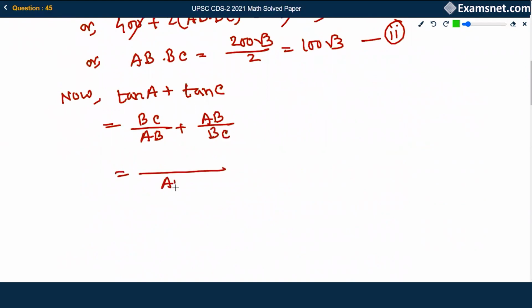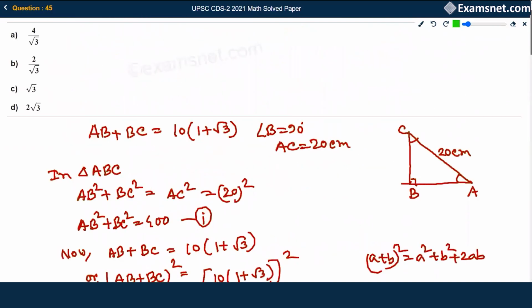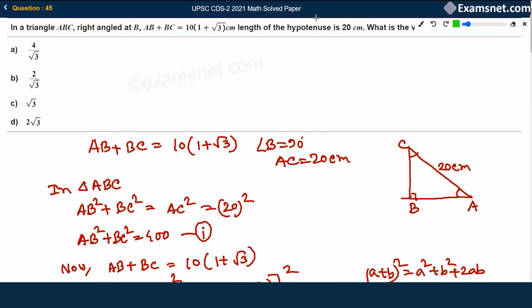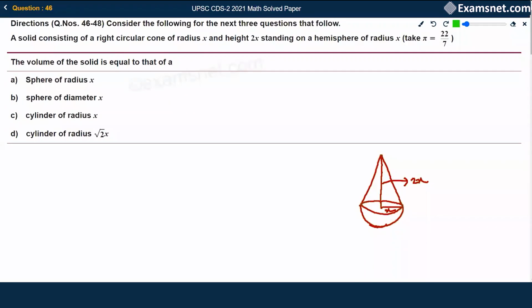Let's do the LCM. It will be BC square plus AB square, that means 400 by 100 root 3. So 4 by root 3 is the answer. It matches with option A. Option A is the correct answer here.